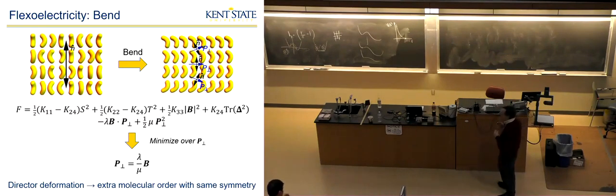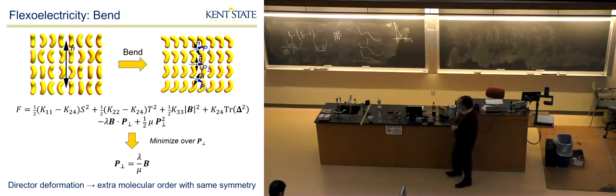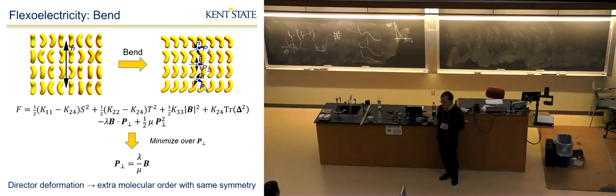Now, the next step in my ideology is to notice that each of these deformations is coupled to some kind of extra molecular order in addition to regular nematic order.